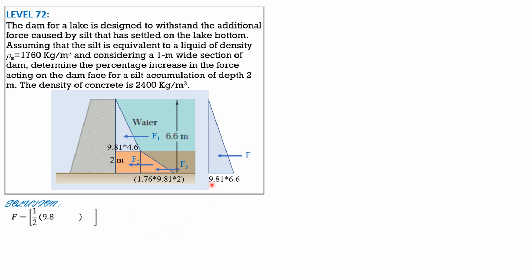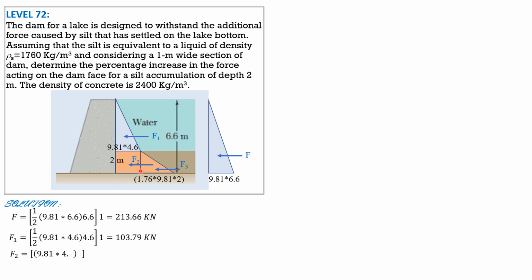So F is volume, 1/2 of 9.81 times 6.6 times 6.6 times perpendicular to the board, 1 meter. So 213.66 kilonewtons. F1 is 1/2 of 9.81 times 4.6 times 4.6 times 1. And it is 103.79 kilonewtons. F2 is simply 9.81 times 4.6 times 2 times 1.